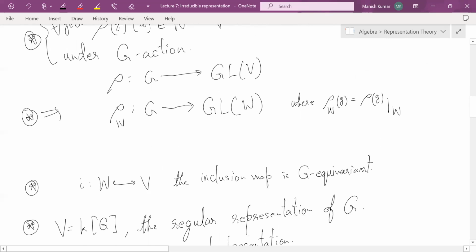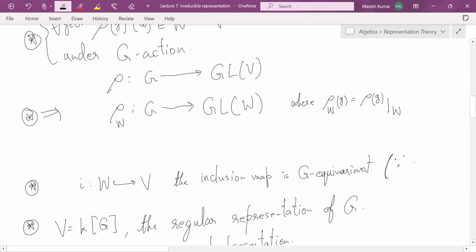But before that, if you consider the inclusion map from W to V, where W is a sub-representation, then of course the inclusion map is G equivariant. It's sort of a tautology. Let me write it properly. We want to say that I is a homomorphism of representations, G equivariant.